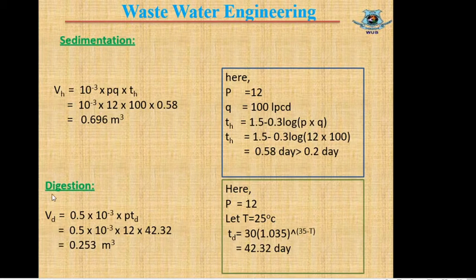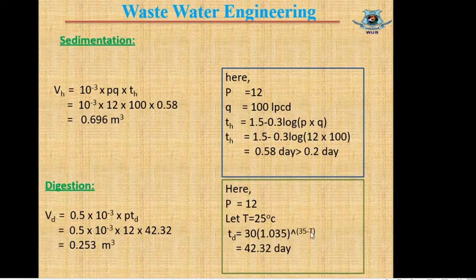Secondly, we will now calculate the volume for the digestion zone. The volume for the digestion zone VD can be calculated using this equation. The unknown terms are P and TD. The value of P is 12, that means persons using this septic tank. TD means time required for digestion and can be calculated using this equation.